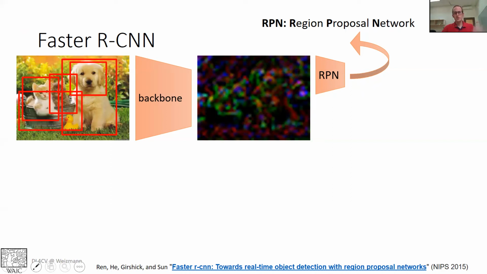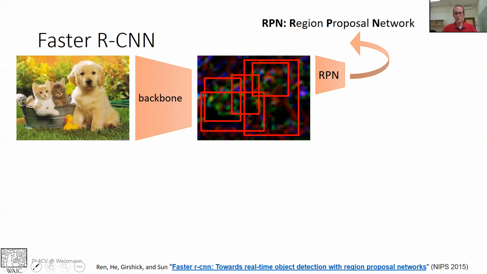Once we have these regions in the image, it's very easy to translate them to the feature map because despite the fact that the shapes are different, there's a tight link between each pixel in the feature map and the image pixels. Because we know the strides and the receptive field, we can easily compute this mapping between image location and location in the feature map.